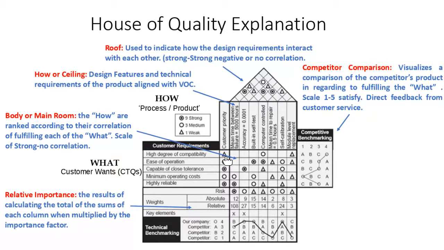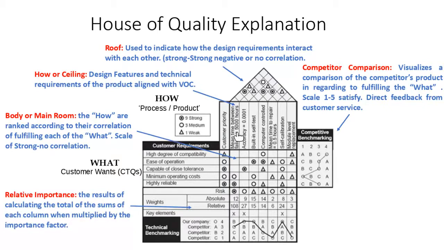You can have a scale from 1 to 5. You can have this legend scale. You can identify the scale you want as long as you clarify it on the house of quality sheet, like having a legend key box like this one here.